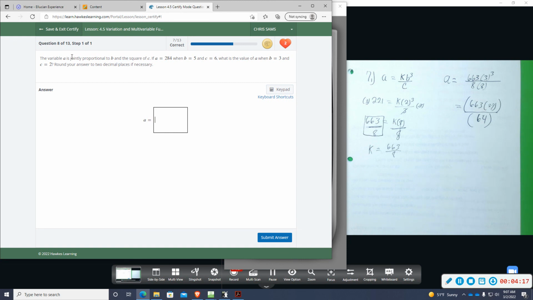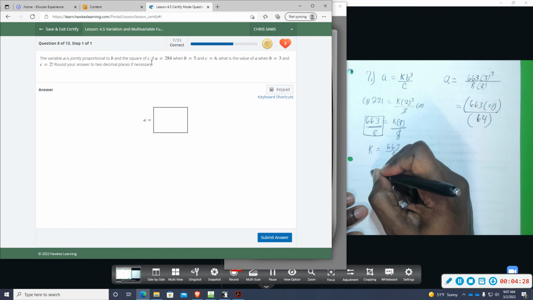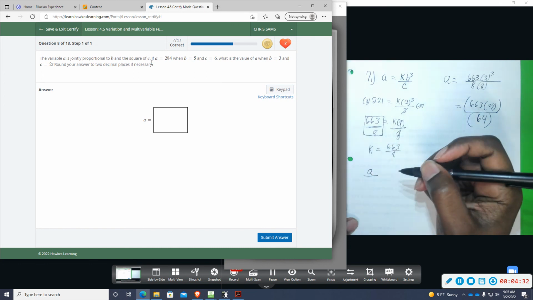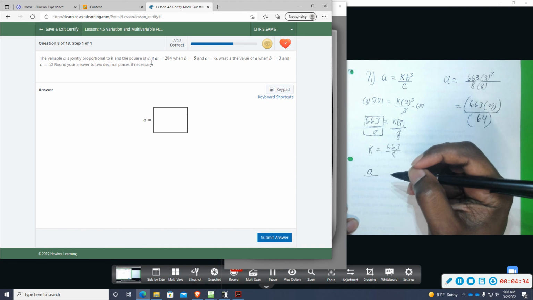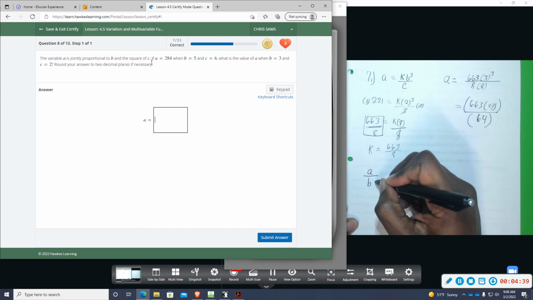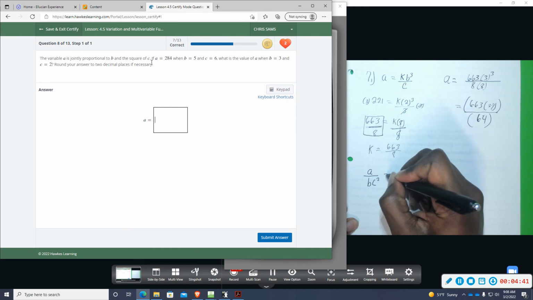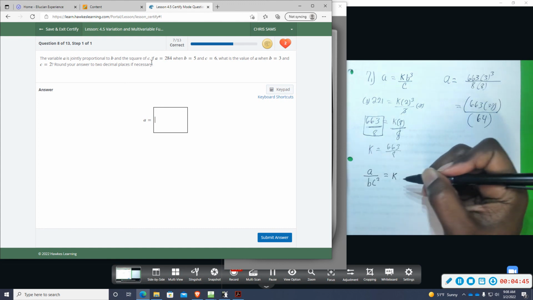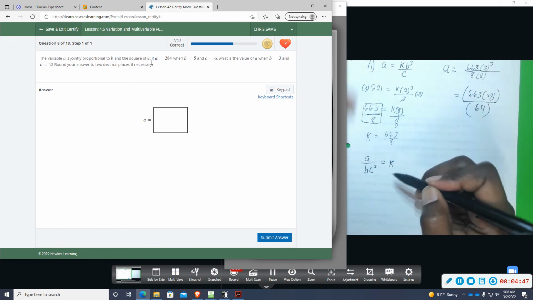So it says A is jointly proportional to B and the square of C. So I'm going to say A divided by, jointly proportional to B and the square of C. So B and C squared. It's going to equal K. So whenever they tell me it's jointly proportional, they're giving me the formula for K. So I write it as a proportion and then equals K.